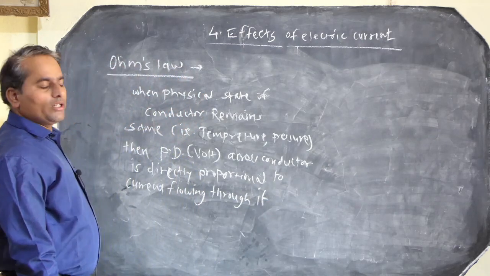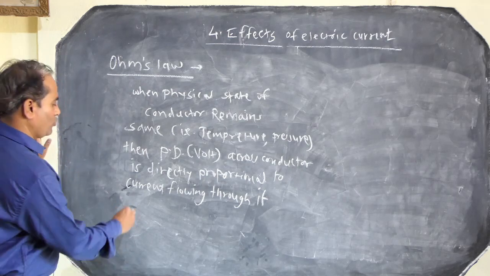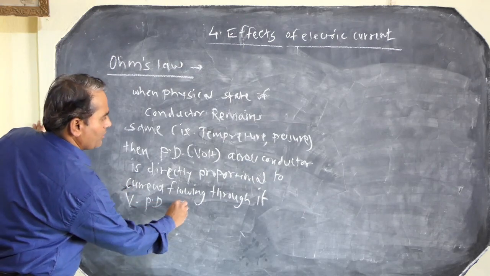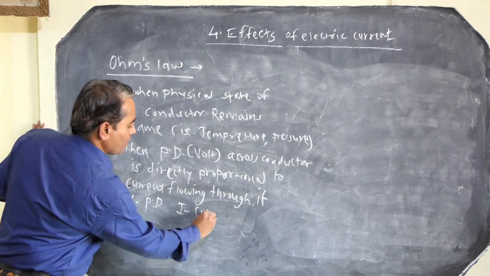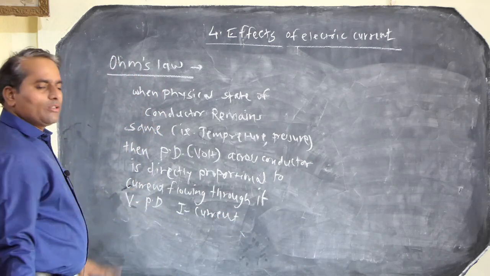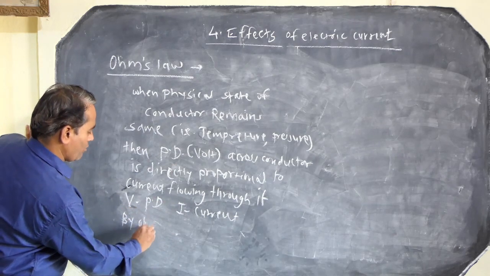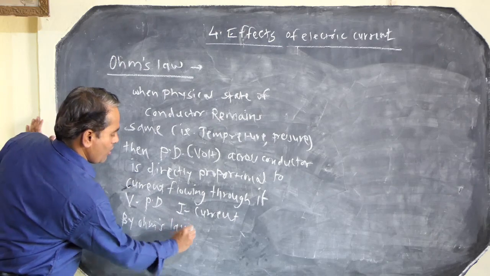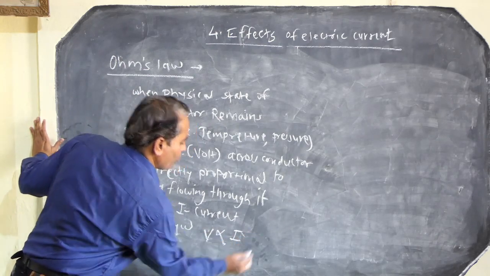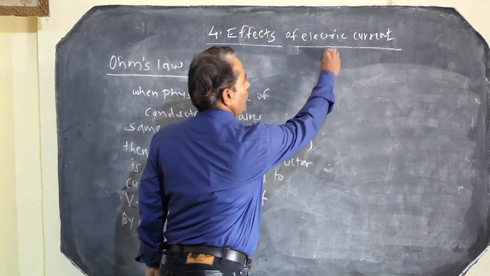Mathematically, V is the potential difference and I is the current flowing through the conductor. So by Ohm's law, V is directly proportional to the current I.